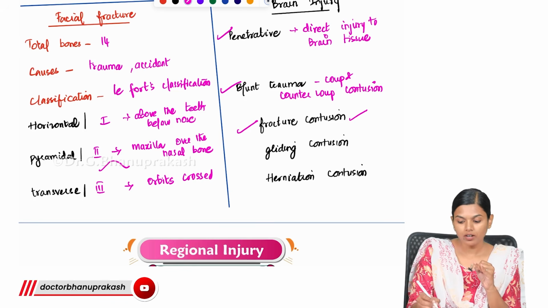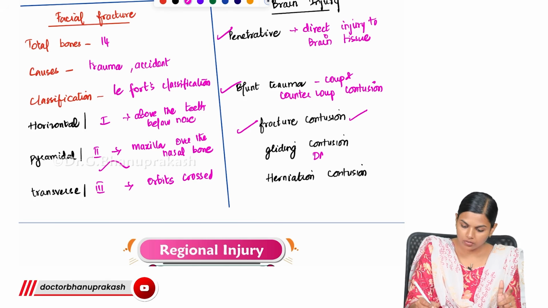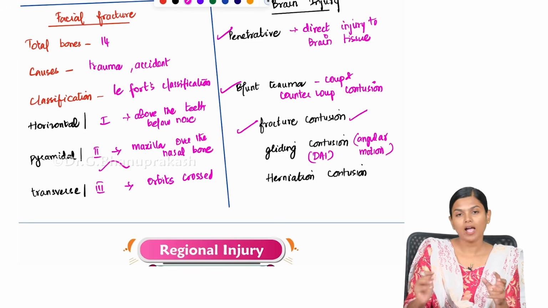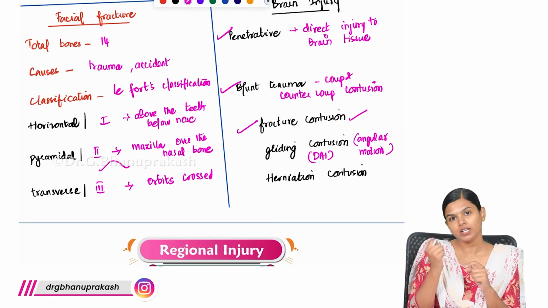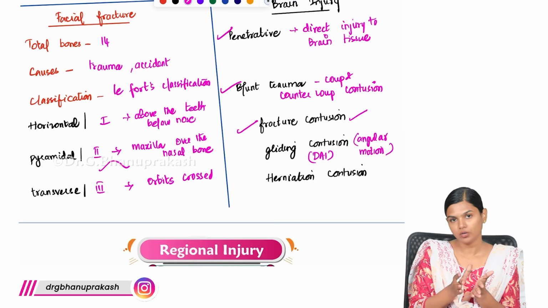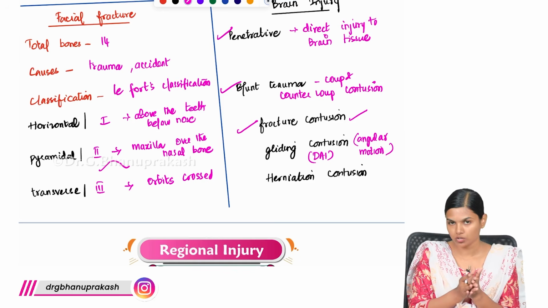Next is gliding contusion. This is the most common cause for diffuse axonal injury. There will be an angular motion, and because of the angular motion, there will be shearing of the axons and you will get this gliding contusion, which will lead to diffuse axonal injury.